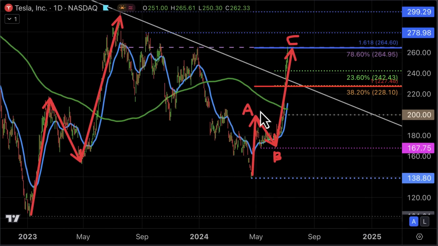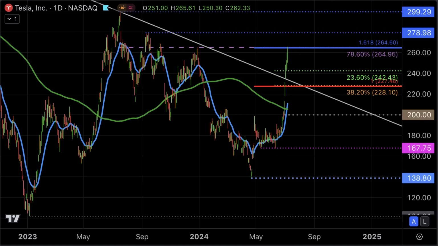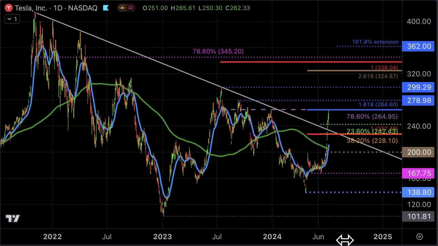So the bottom line, guys, is that this is the number one reason why I do not think that Tesla is starting a brand new uptrend or bull market to new highs. In other words, I do not think that Tesla stock is forming a bull market or a new uptrend towards the 500 or even 400 levels.